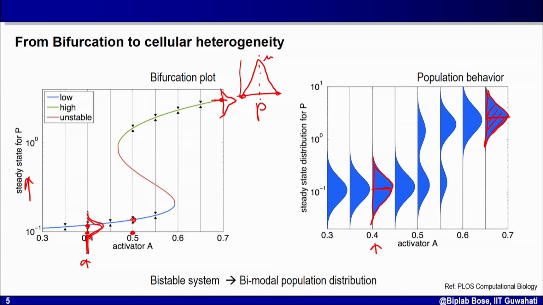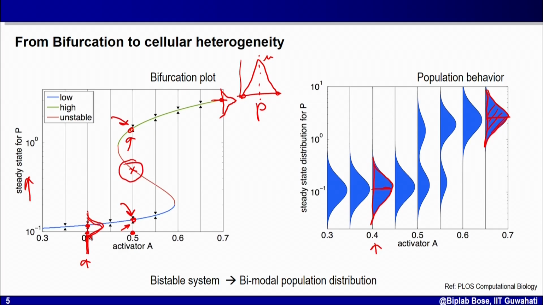One is here, the other one is here. You have an unstable steady state here, but as the steady state is unstable, no cell will go there. So based on the initial value of protein present in the cell, some of the cells will move to this steady state, some of the cells will move to this steady state, no one will move to this unstable steady state.